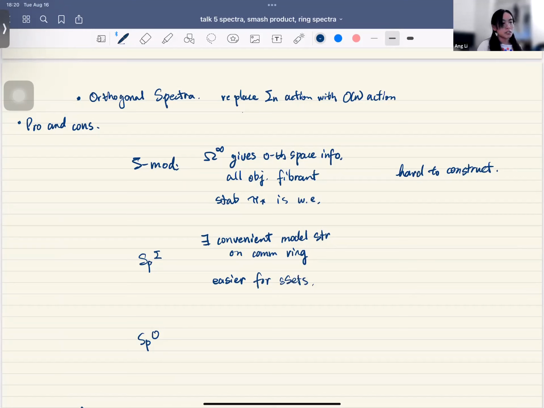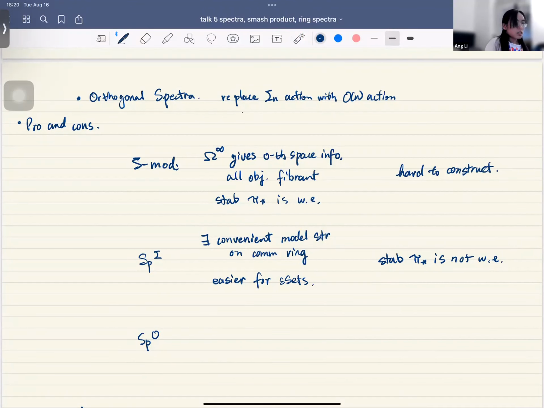And then it also has the con that the stable homotopy equivalence is not the weak equivalence there. If you take the colimit, it's not going to match with the right notion in that category. So you probably want a weaker notion to be the weak equivalence there. But that's actually a huge drawback, because this is the most natural thing we expect to be the weak equivalence.